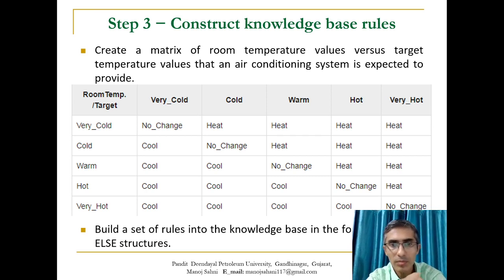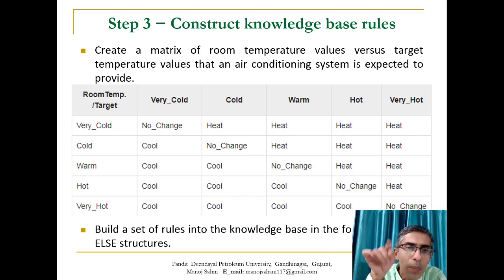The third step is how to construct knowledge-based rules. If you see the room temperature and the target: the room temperature is very cold and our target is again to maintain very cold, so in that case there is no change required.